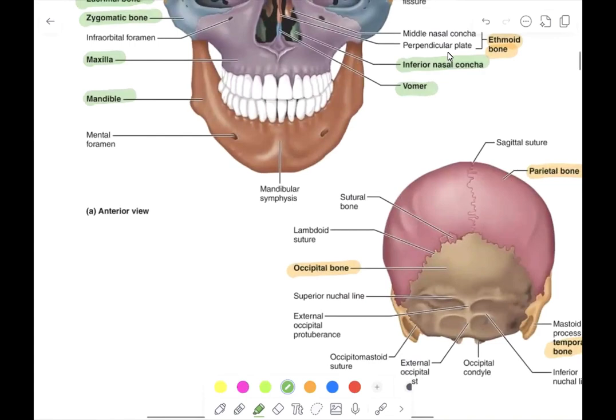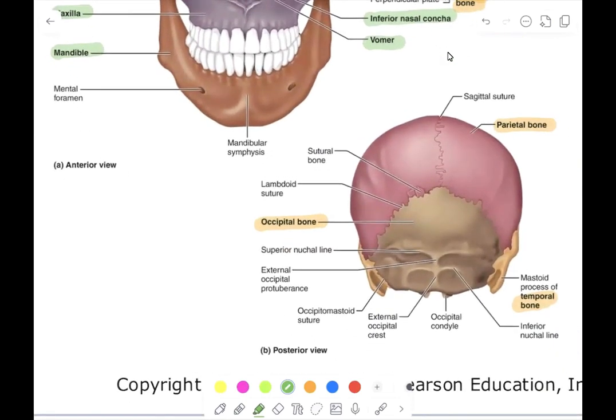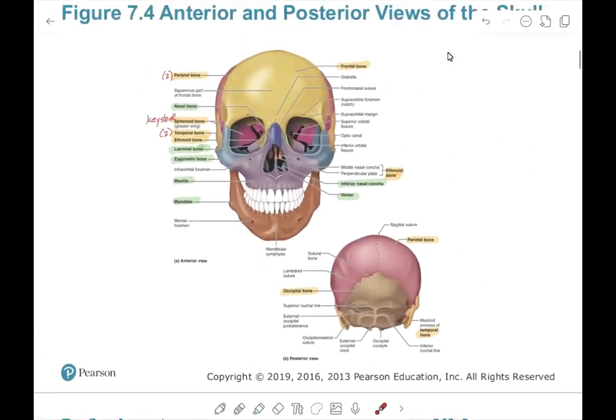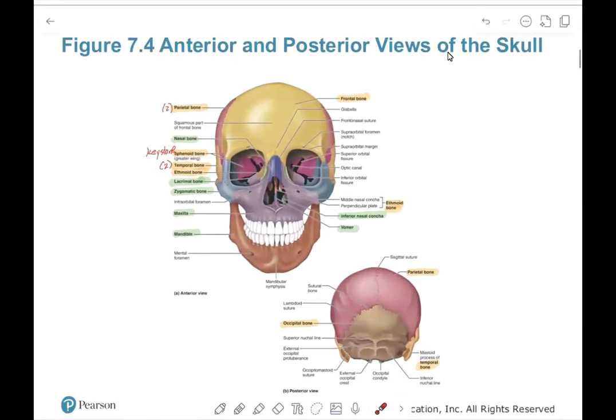And then there will be some specific parts of those bones that you'll need to know. For lab, you'll have to identify them. For lecture, I may say, for example, what bone is the mastoid process located on? So there won't be diagrams on the lecture exam, but there may very well be questions like I just posed to you.